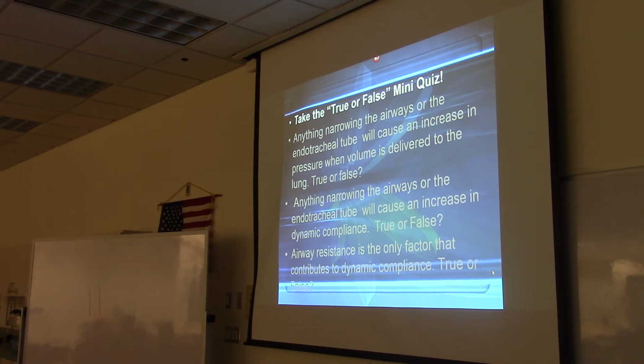And then the third one, airway resistance is the only factor that contributes to dynamic compliance. True or false? False. That's false.